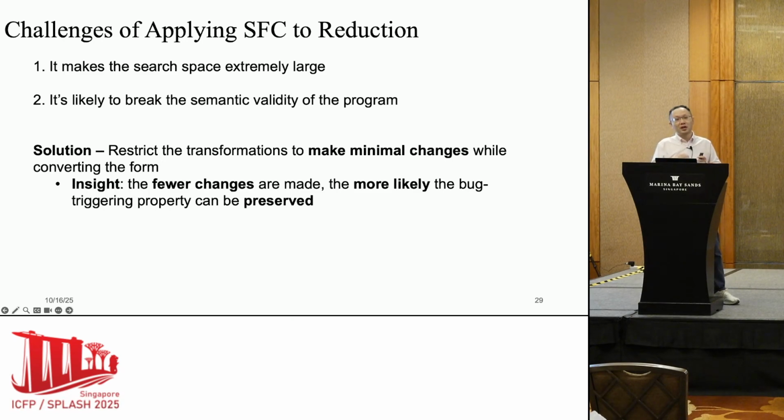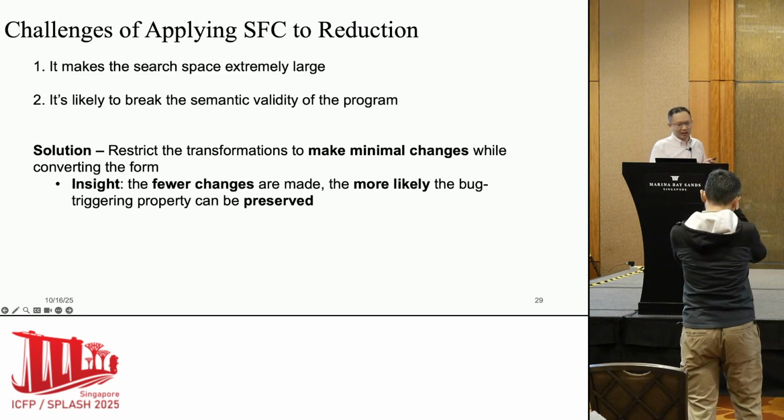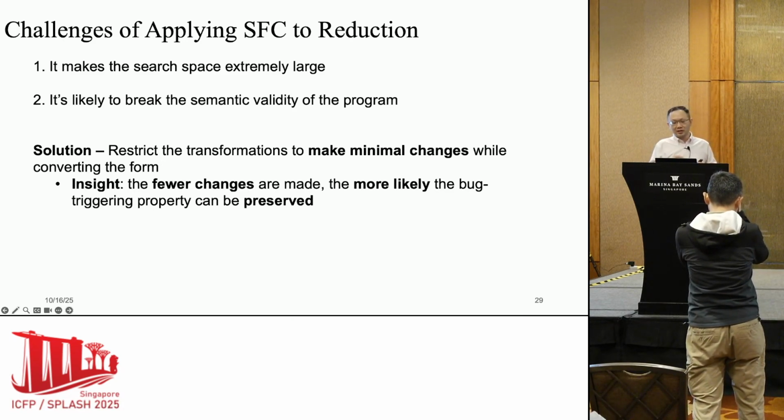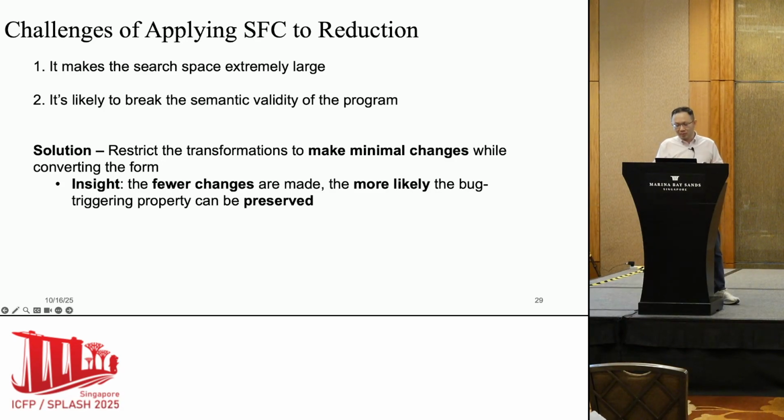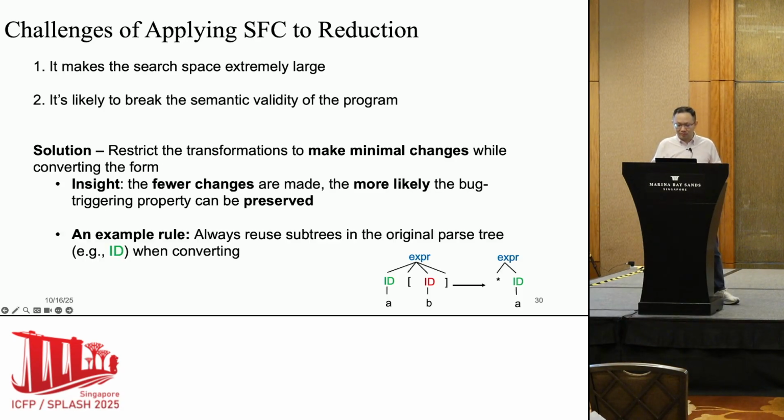The insight behind this design is that the fewer changes are made, the more likely the property can be preserved in the variant. For example, one of the rules that we propose for SFC is that when we do the transformations, we always reuse a subtree instead of randomly generating new ones. For example, in the first example, we reuse the existing identifier instead of generating a new one.